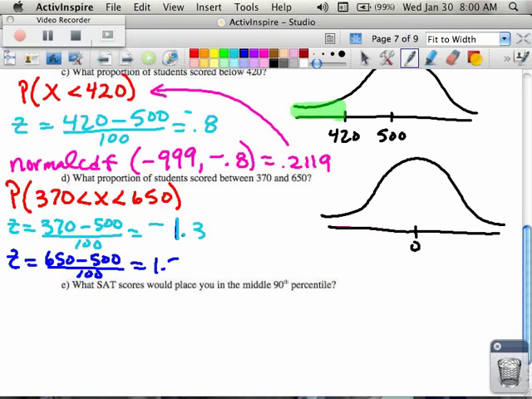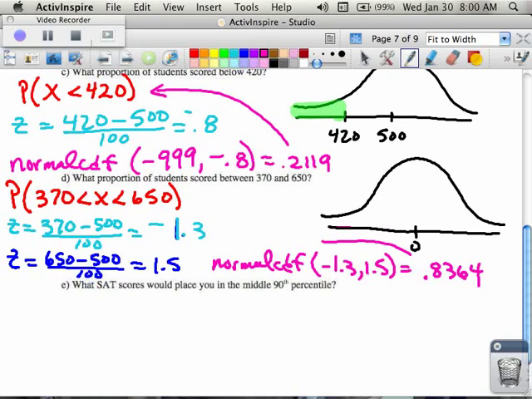Then to find my answer, of course, I'm going to go normal CDF. The nice thing about this one is the two numbers are the numbers that you see, so negative 1.3 to 1.5, and what did you get? 0.8364, which is the answer to the question.